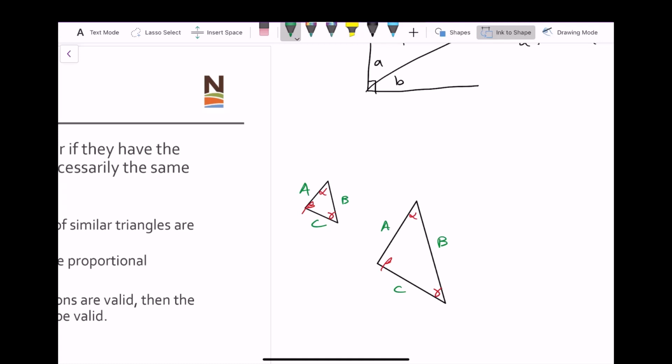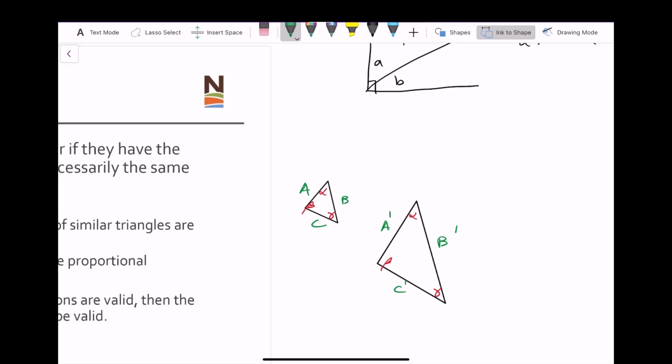Clearly, the lengths are not equivalent here, right? So I'll call this A prime, B prime, and C prime, just so that we're not saying that these lengths are equal. They're clearly not equal if I were drawing these triangles to scale.